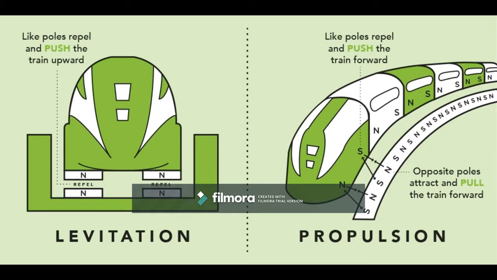In actual fact, the propulsion and levitation work together in an antagonistic manner. For example, when the train is levitated by the magnets on the base of the train, the propulsive force balances out the train by pushing the train away so that the train is not touching the surface of the guideway.